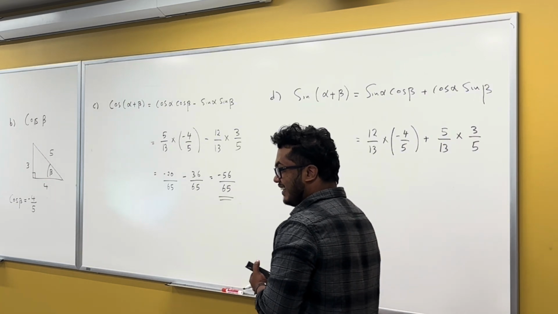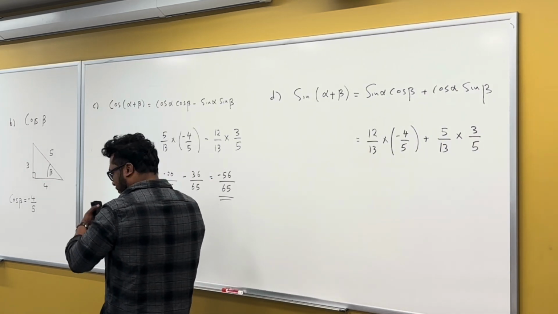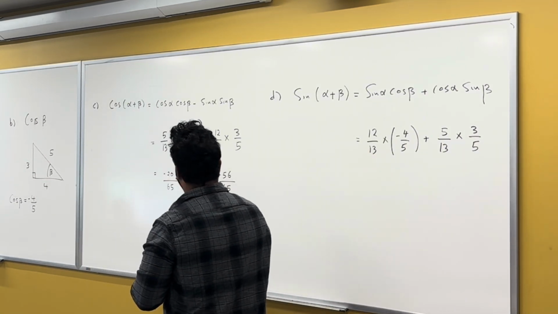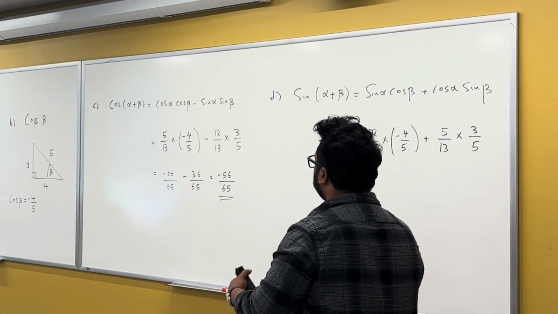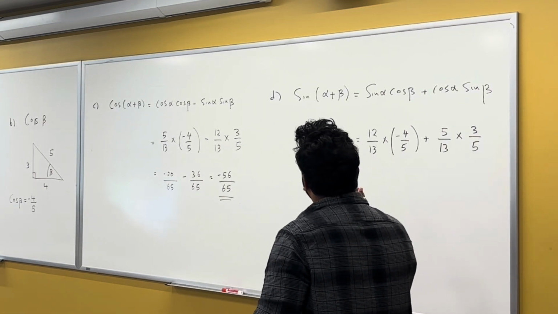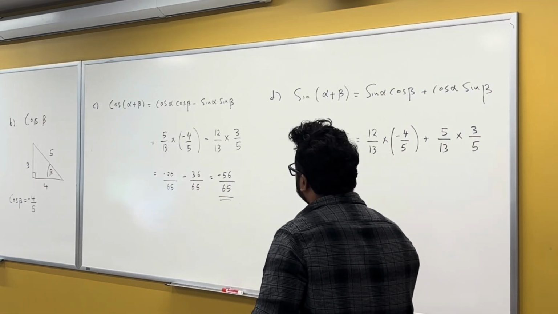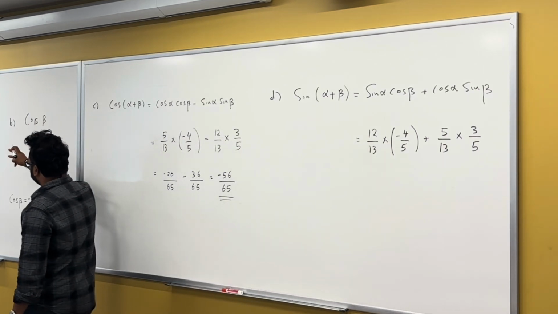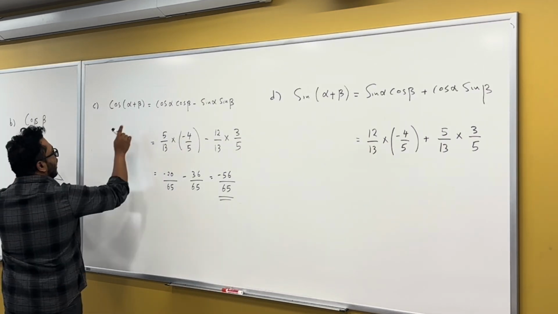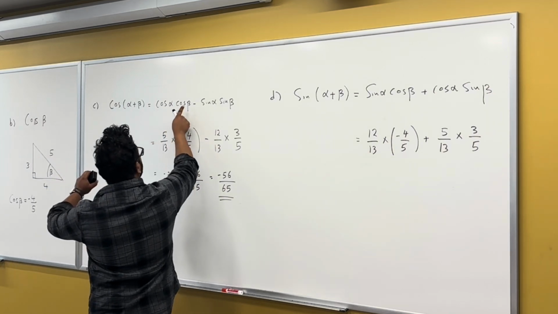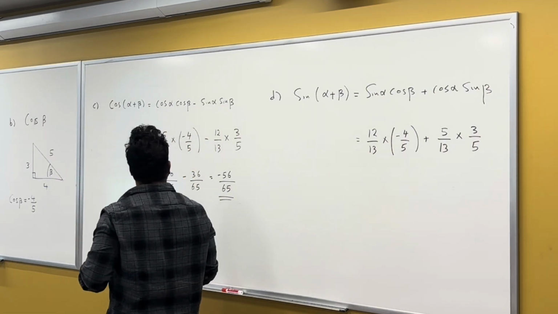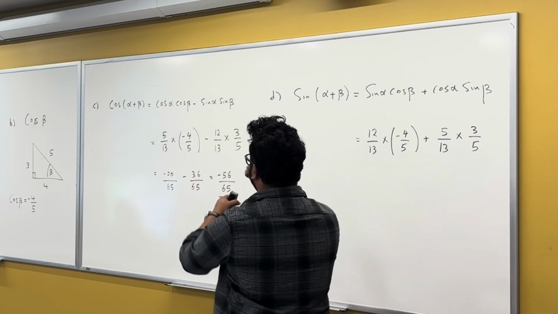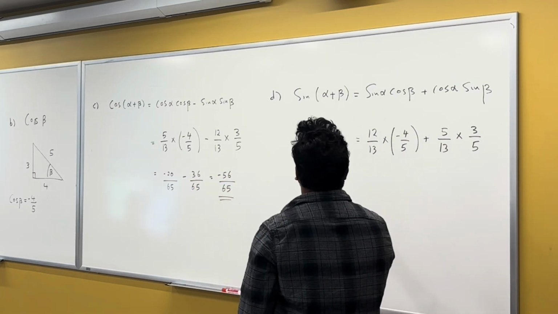It's long, but it makes sense. Keep trying. It just looks kind of complicated, but it makes sense because we are given two ratios, we found the other two ratios, and how many ratios do we have here? 1, 2, 3, 4. We use these four ratios in different ways according to the formulas.